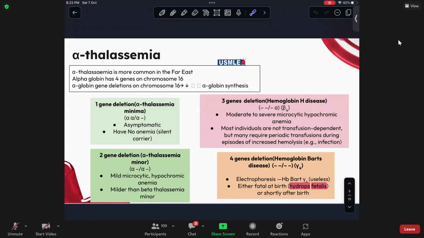This hemoglobin Barts is made of gamma subunits, and it is useless because it cannot carry any oxygen. So the babies who have this mutation will either die at birth or shortly after birth. And if they die at birth, we call it hydrops fetalis.